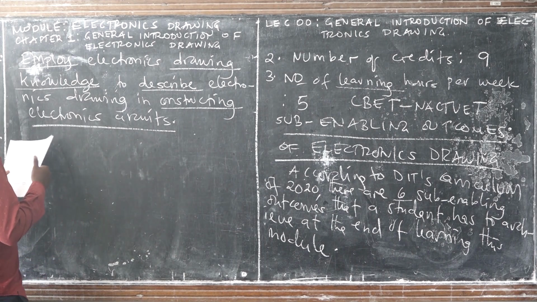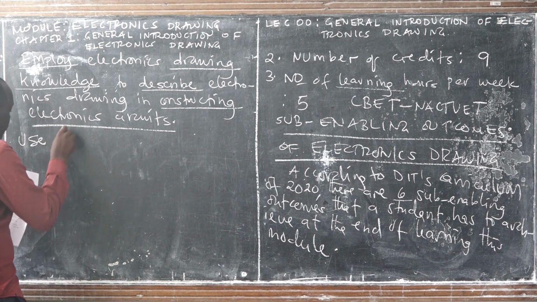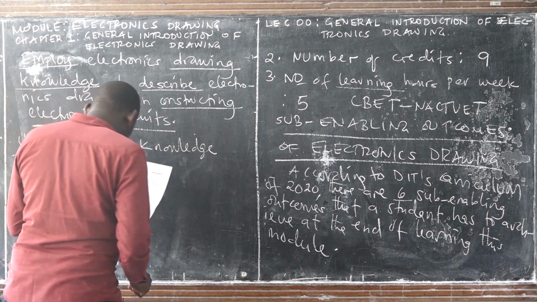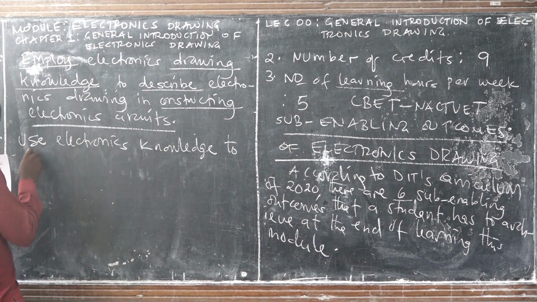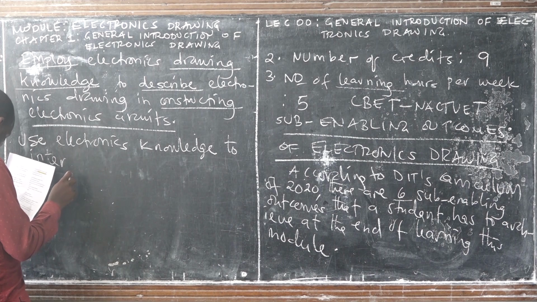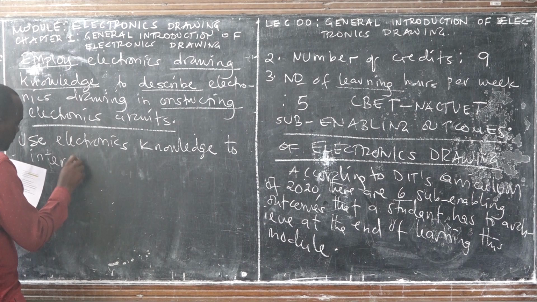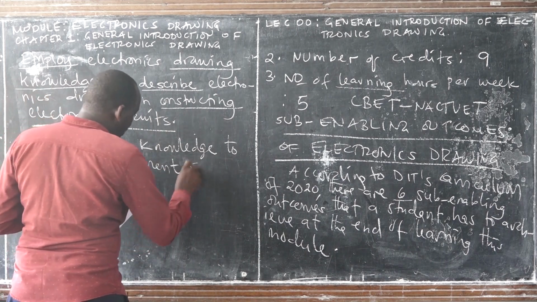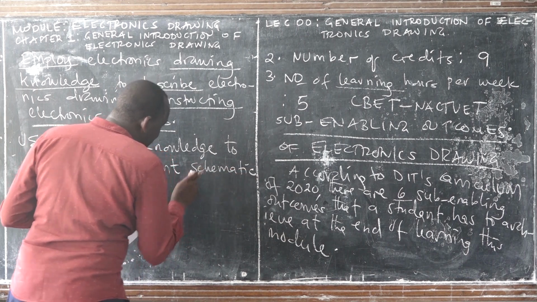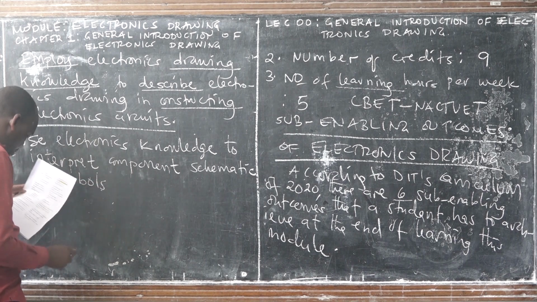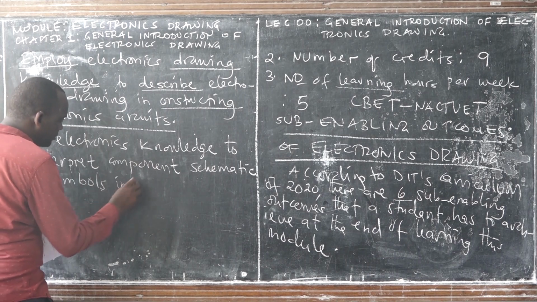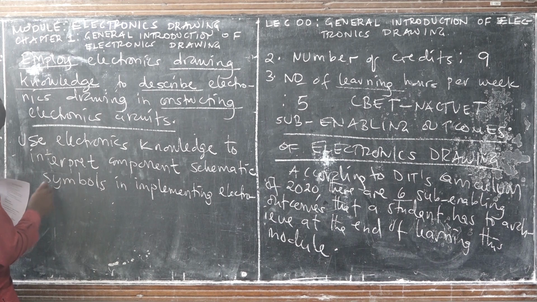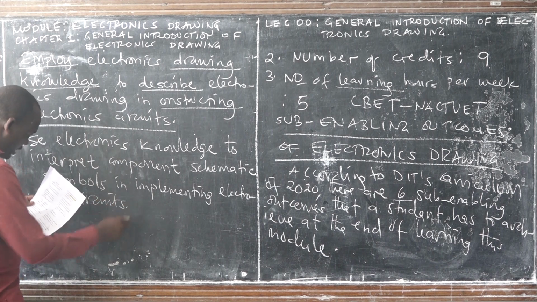The second sub-enabling outcome is: students should be able to use electronics knowledge to interpret component schematic symbols in implementing electronic circuits.